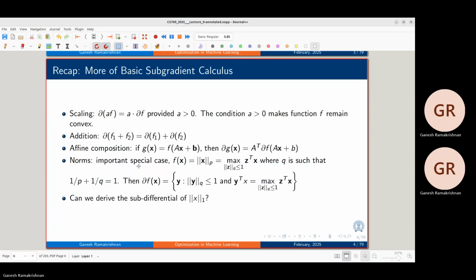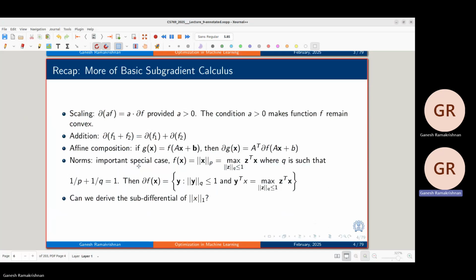And S transpose X equals again max of the infinity norm of Z less than equal to 1 of Z transpose X. Okay. Can you simplify this expression further? I just substituted it, right? And you say Z infinity norm less than equal to 1, what will it amount to?